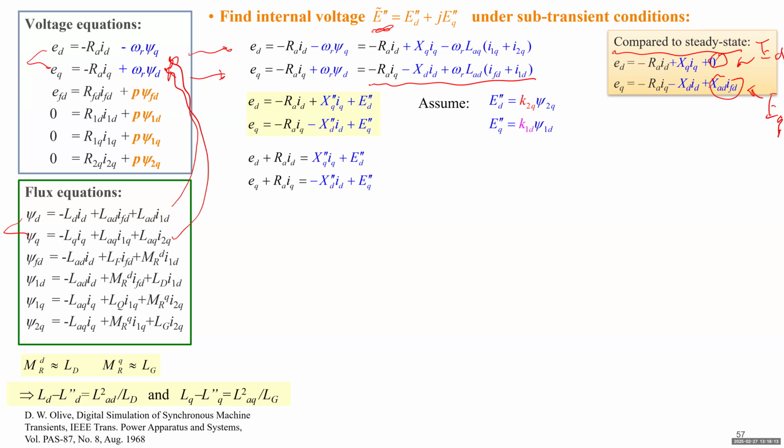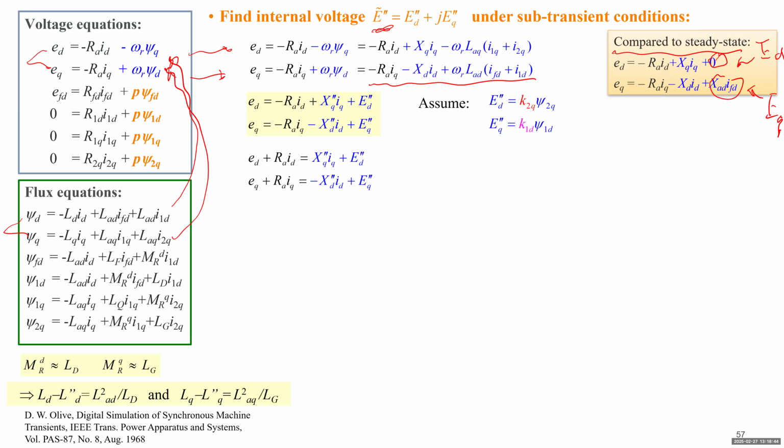So those two are linked to the sub-transient dynamics. But which one should I pick? The voltage is induced by flux linkage, by which I mean you take a first-order derivative of the flux linkage to get voltage. That makes the voltage always orthogonal to the flux linkage. So if you want to find ED in the D axis, you have to get the flux linkage in the Q axis, which is the faster one. That has to be psi 2Q.